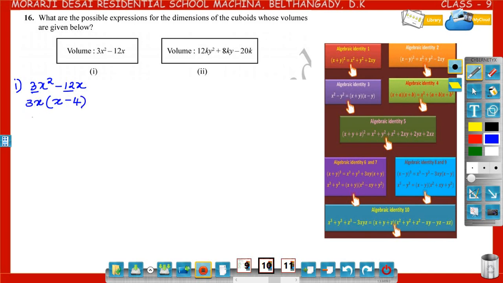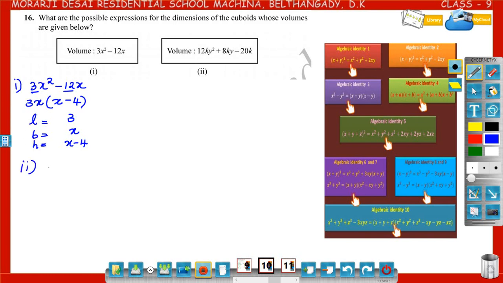Now we got three factors for 3x square minus 12x, that is 3 into x into x minus 4. One is length, another one is breadth, another one is height. You can interchange length, breadth and height.